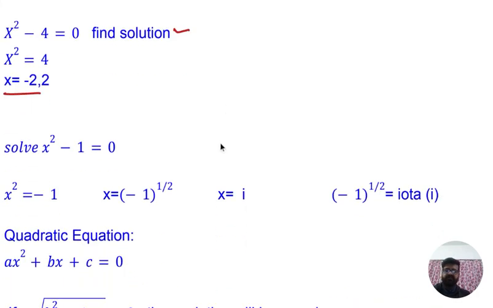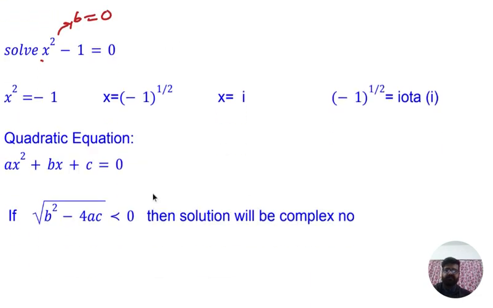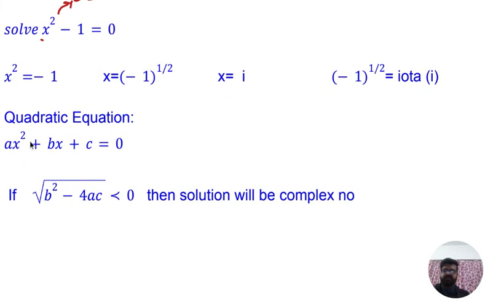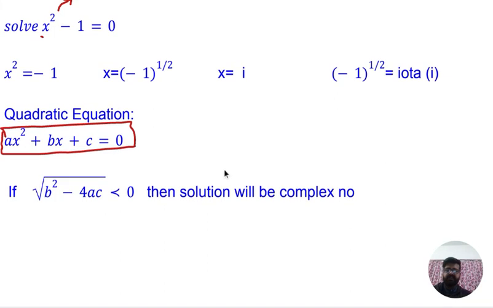Here b is 0, in this case b is 0, here also b is 0. Now we represent our quadratic equation in this format. This is our quadratic equation, and this formula is used.